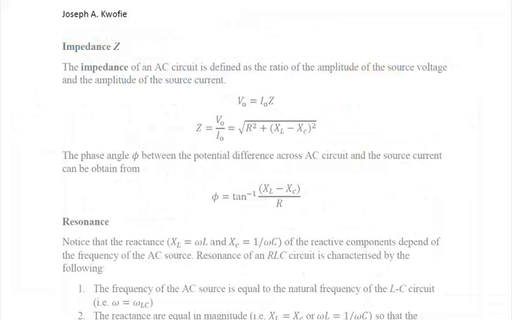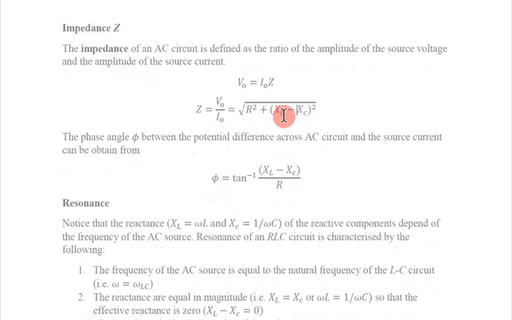I think we should find it here. So tan inverse of XL minus XC. Yeah. The negative angle has little effect on tan, so XL minus XC over R, if you find the tan inverse, it will give you a certain angle.